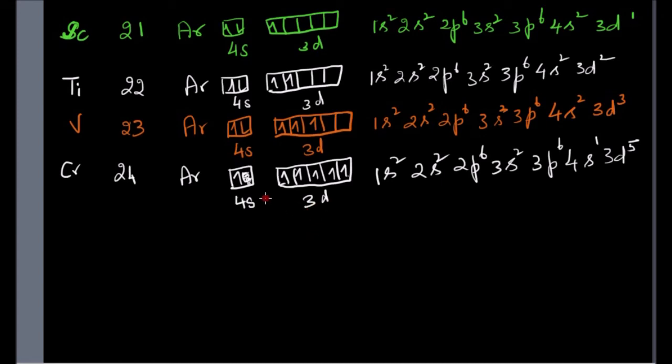When you write 4s2 and 3d4, 4s is completely filled, but 3d is neither half filled nor completely filled. But when you write 4s1 and 3d5, both 4s and 3d are half filled, which corresponds to a state of higher stability. So this is the correct configuration of chromium, and it is a rule that you learned here and which is very important.